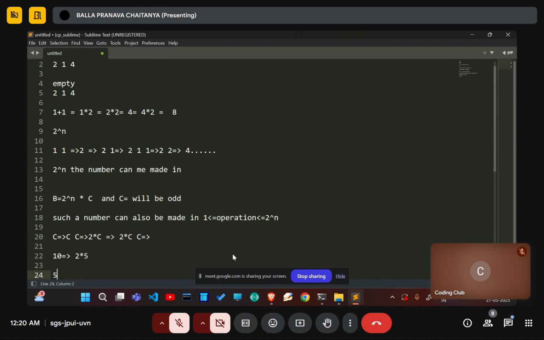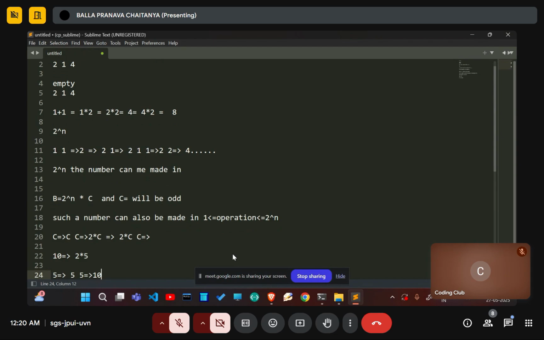Okay, now we'll push another 5. I pushed 5, I pushed 5. Now both the elements have become the same, so it will become 10 as mentioned in the question. So how many operations did it take us to make it? We have pushed two elements, right? So the number of operations taken is 2.